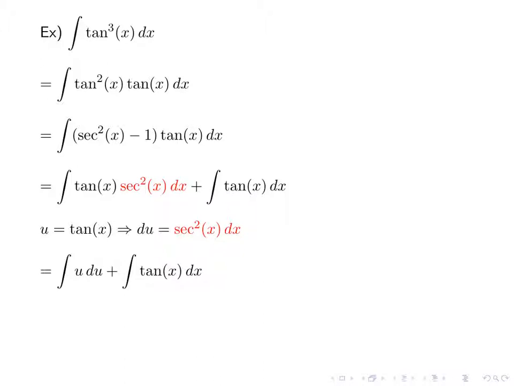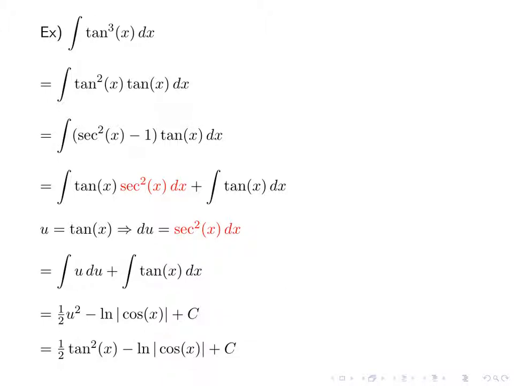So using u substitution on the first integral, we have tan x secant squared x dx becomes u du. And then the integral of tangent x we're leaving the same. Integrate. Again, this integral of tan x being ln of absolute value of cosine x is from the last section. And we replace back what u is.